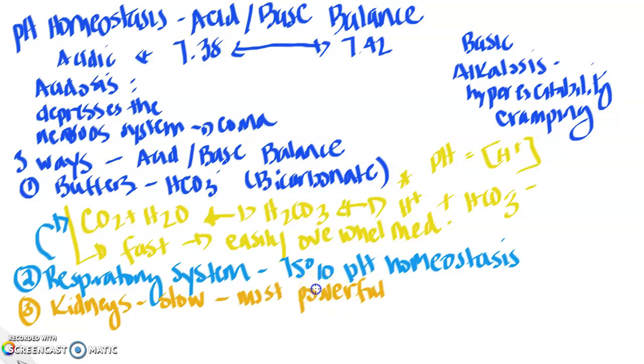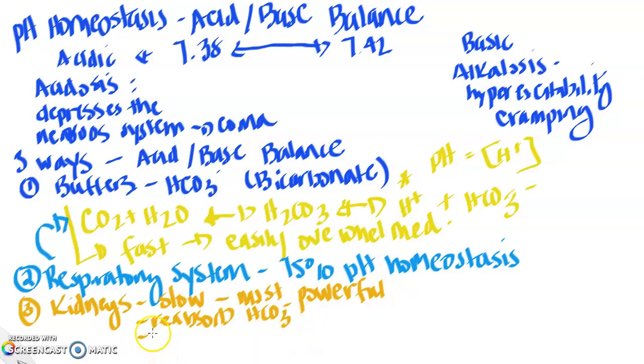They have the most powerful effect on pH and on hydrogen ion concentration. Within the kidneys, we can reabsorb bicarbonate, so HCO3. If we're too acidic, we can absorb a bunch of bicarbonate.